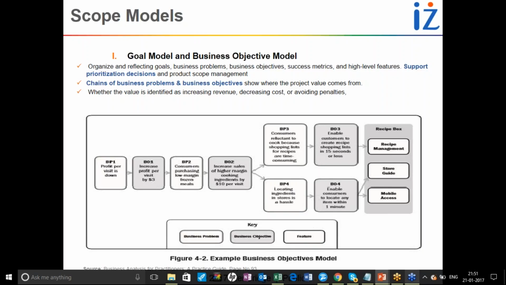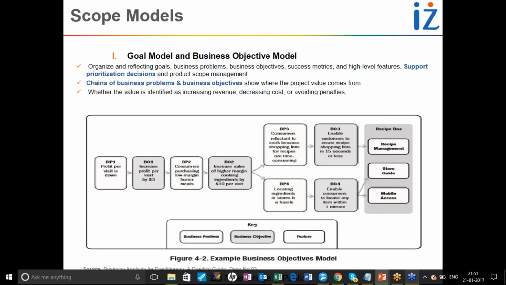Now, the problem associated with this objective is that consumers are not willing to cook because shopping lists for recipes are time consuming. And if shopping lists are time consuming, they are not very keen to search for those items which give higher margin. The other associated problem is that locating ingredients in the store is not easy.